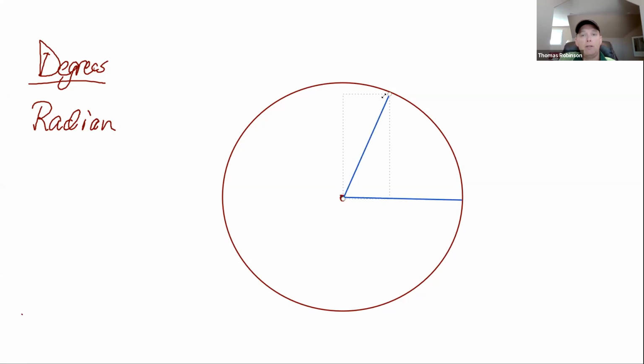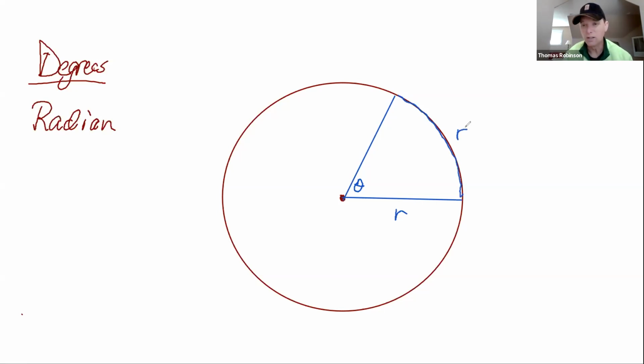So let me put theta in here. And so here's the thing I want to do. I want to try to imagine what angle I would have to have in order for, watch this now, this length right here, the length of this arc, to equal the radius.